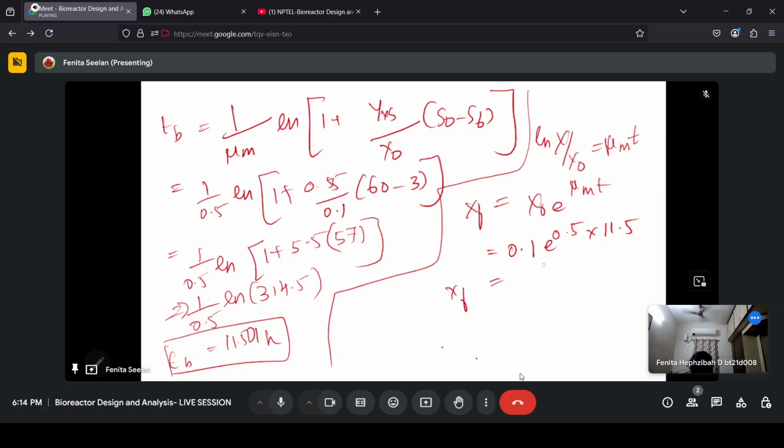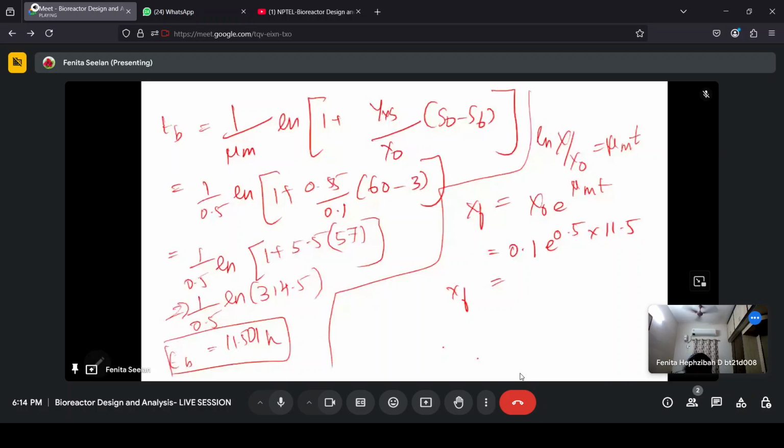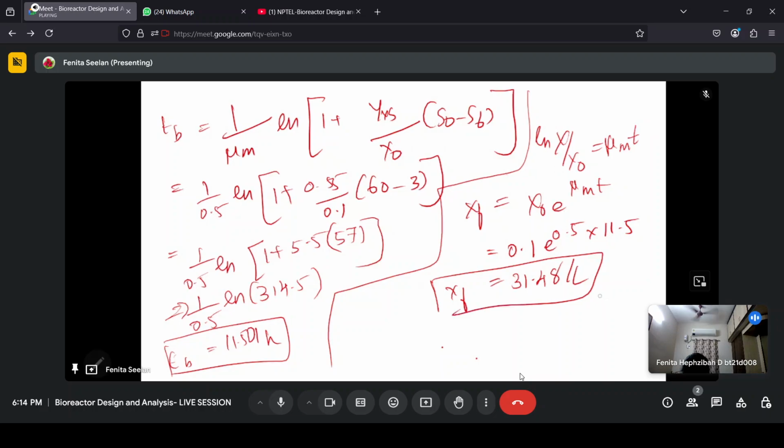So how much is the value? It's coming around 31.4 gram per liter. So now we know the value of XF. We have to calculate in terms of kg. For that, we have to multiply with respect to volume.